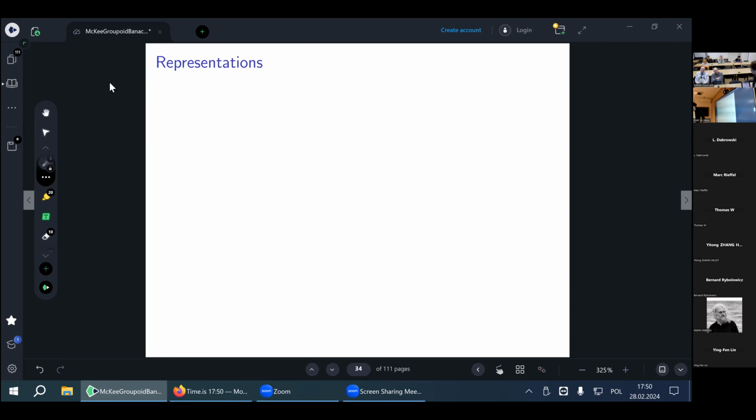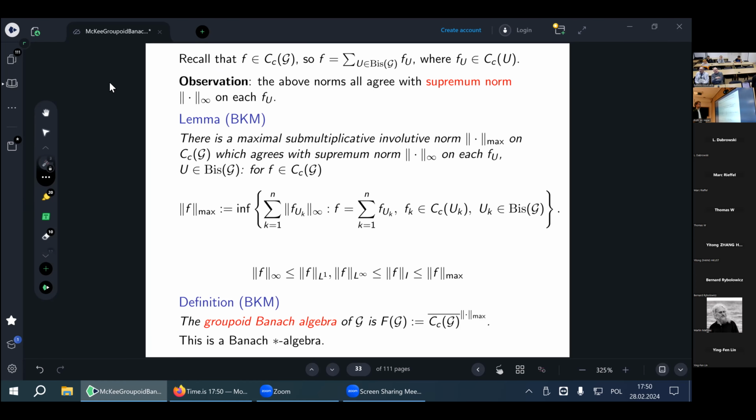Sorry, so the star is as usual on C_c(G). But what about compatibility between this star and this norm? It follows because of the inverse. So what's the relation between this star and this norm?